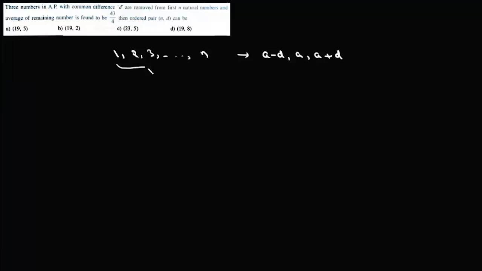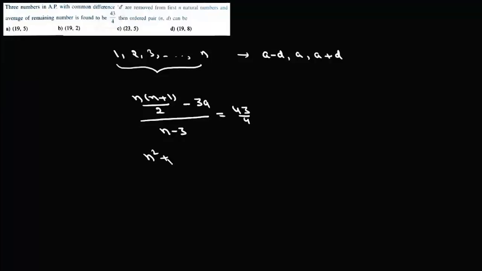Now we know that the sum of all these numbers is n into n plus 1 by 2, minus the sum of these 3 numbers, which is 3a, and for their average we have to divide by n minus 3, and this average is equal to 43 by 4. We can write this as n square plus n minus 6a upon 2 into n minus 3, and it is equal to 43 by 4.